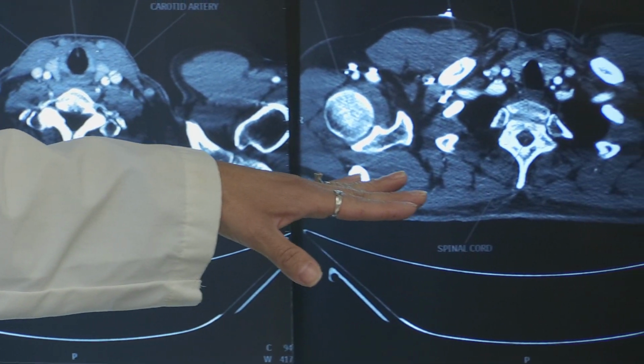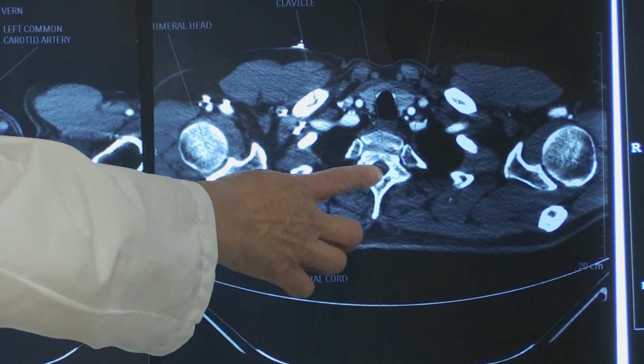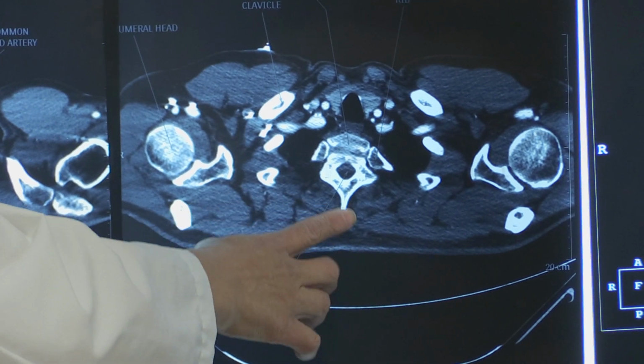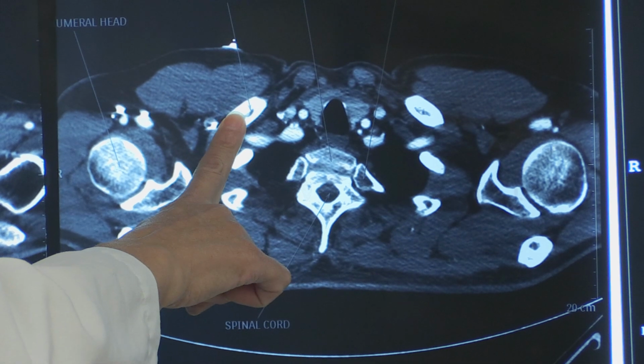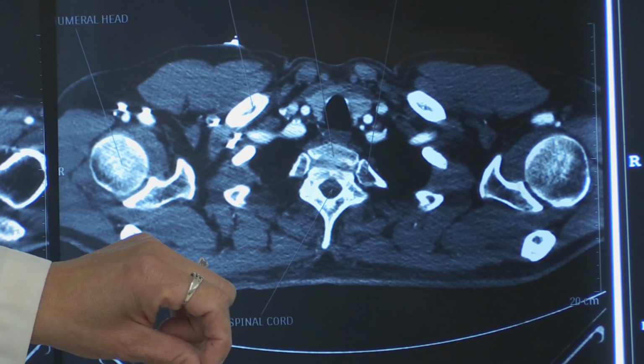As we move further down the scan, we're still going to see some bony structures: the spinal cord, thoracic spine, spinous processes, scapula, humerus, clavicle, and the air-filled trachea.